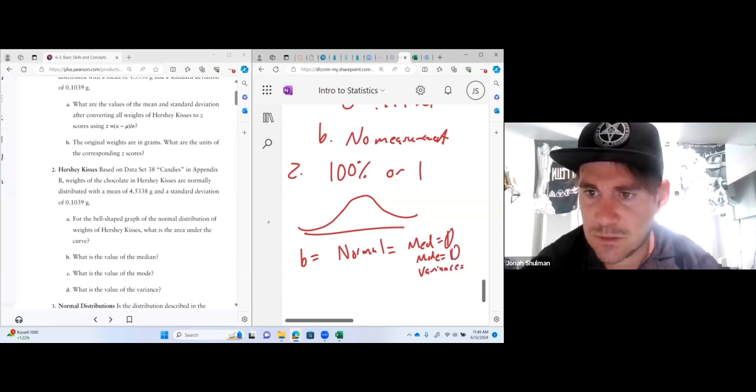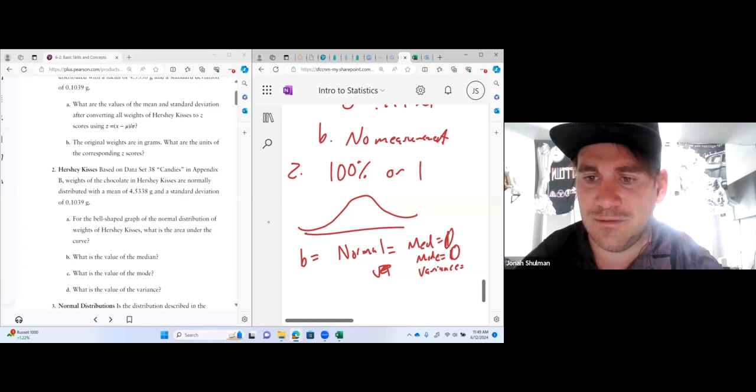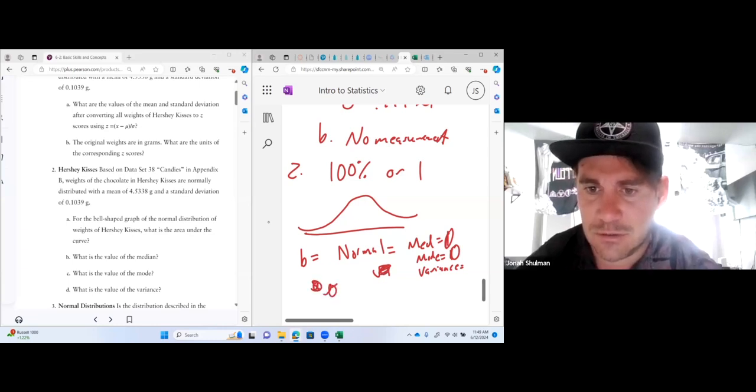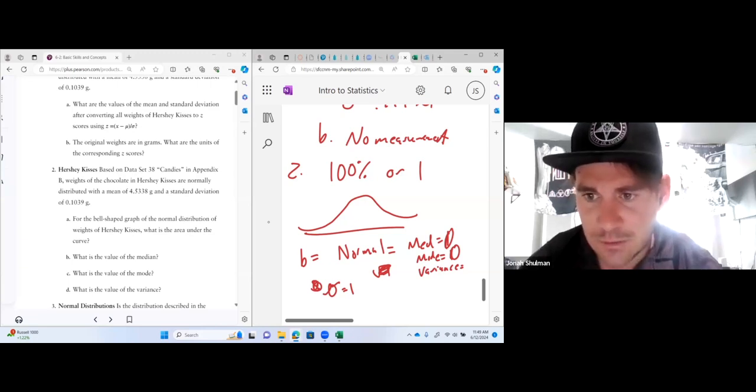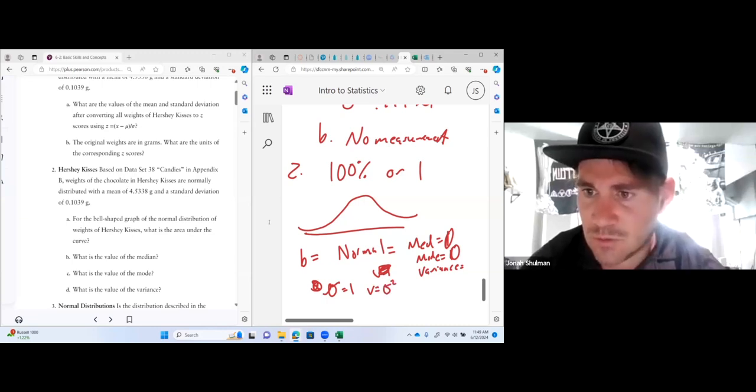The mode is going to be 0. And the variance is, what is the square root of 1? Sorry, if our standard deviation is 1, the variance is this squared, right? Because the variance is equal to the standard deviation squared. So 1 squared is 1.